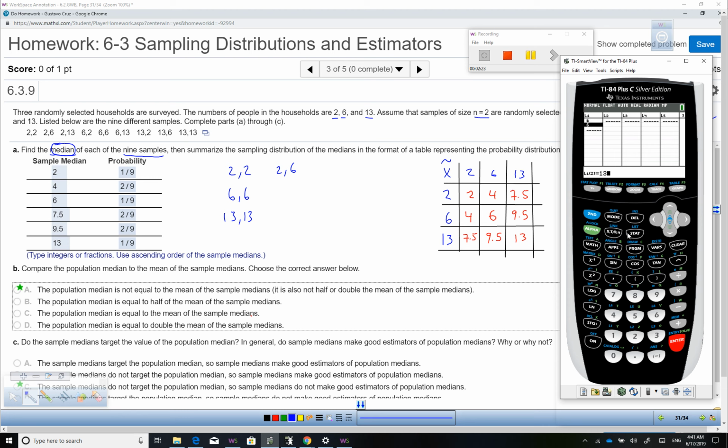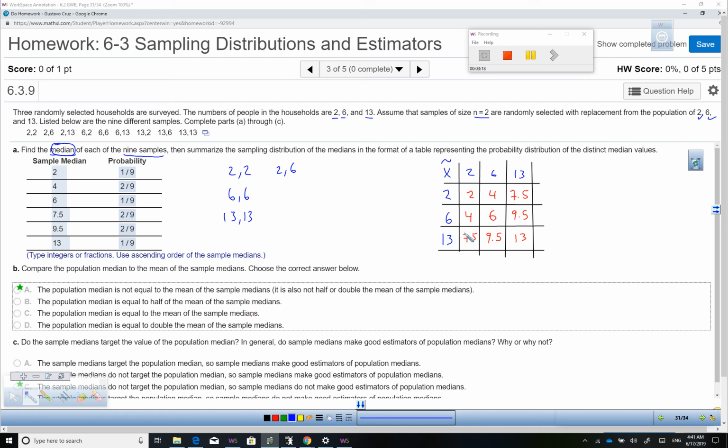Then Stat again, Calculate, select number 1, go all the way down to Calculate again, press enter, and if you scroll down with the arrow here, you will find the median of that group of 6, 13. You can do it on the calculator for each one of the groups, or by hand.